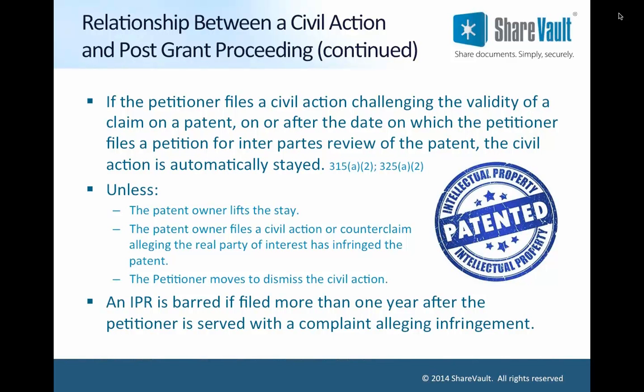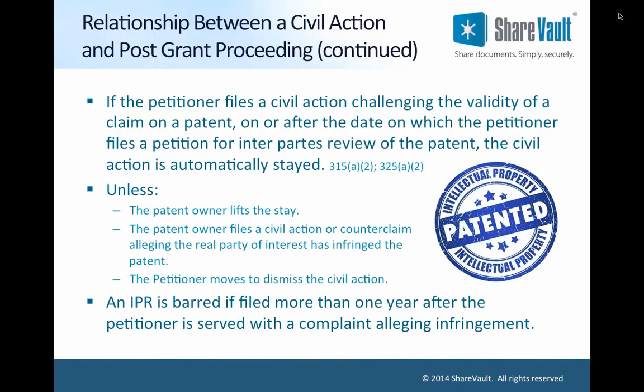So that is the reverse of the earlier case. They can't file the civil action before, but on or after the date on which they file the proceeding in the patent office, they can file the civil action. And that will be automatically stayed unless there are three events which will stop the stay.